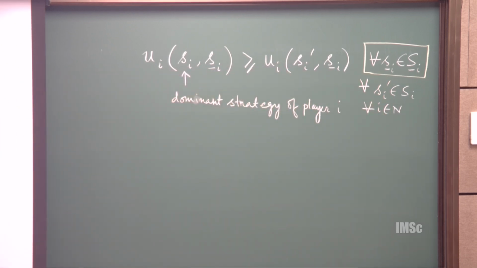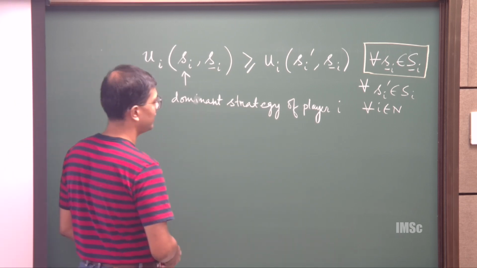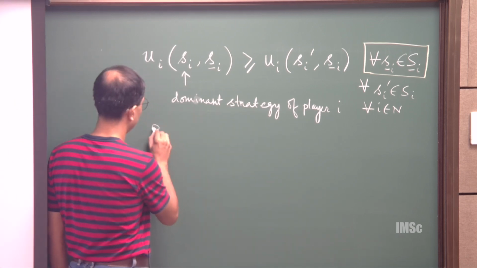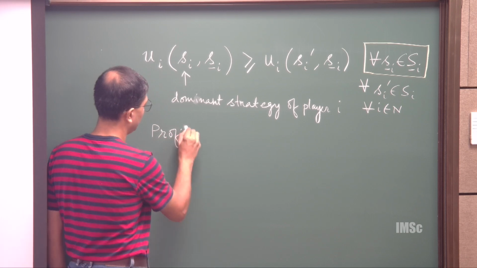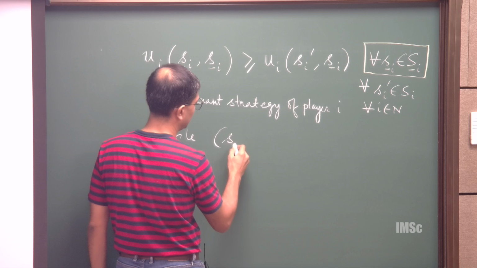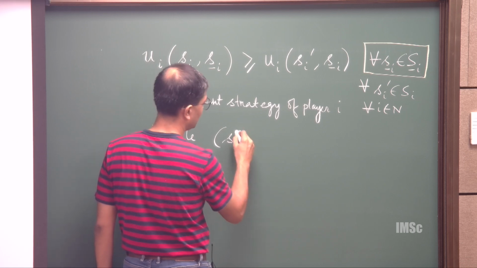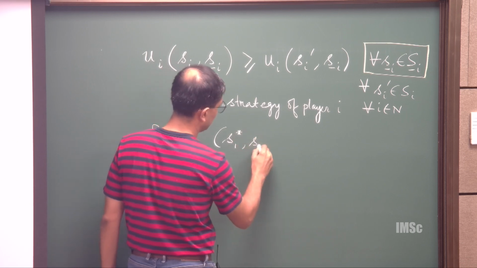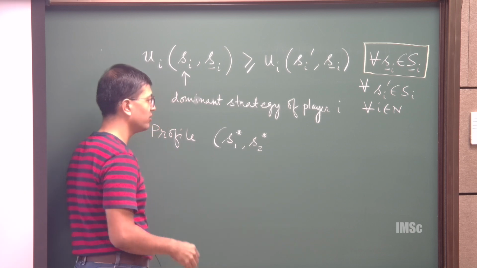And if that happens for every player, so suppose there exists a strategy profile. A profile is nothing but a tuple of actions of all the agents. So let us say S_1 star, S_2 star, just to denote a distinguished profile.